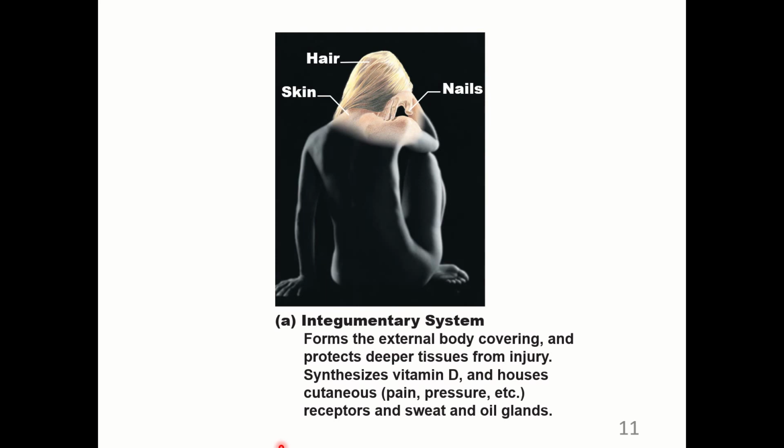Other functions of the integumentary system include synthesizing vitamin D and housing cutaneous receptors. Cutaneous receptors are part of the nervous system, and they receive the sensations of pain, pressure, touch, temperature. Other accessory organs of the integumentary system include sweat glands and oil glands.